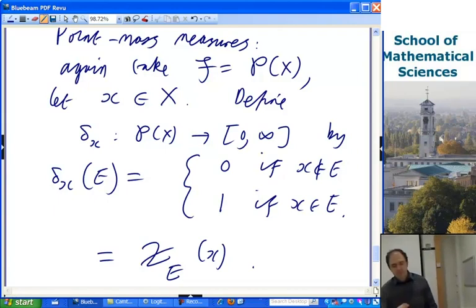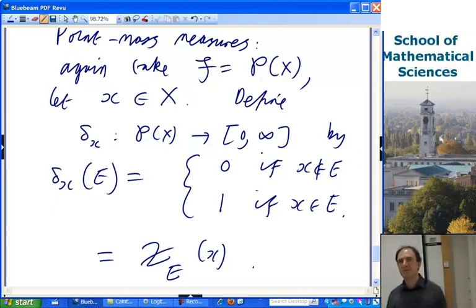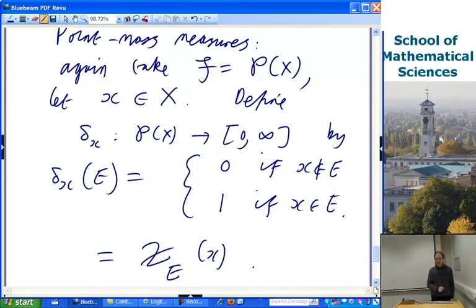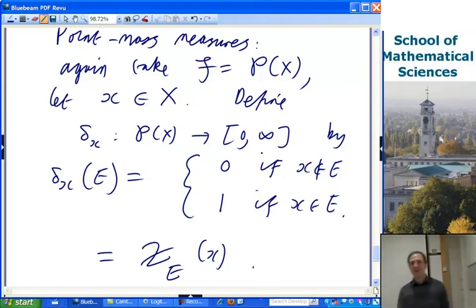But what's the difference? One maps from the power set to 0, 1, and one maps from the set X to 0, 1. That's right. So in other words, one of these is a function of E, and the other one is a function of x. The one we're looking at the moment is a function of E, so it's a function from the power set.